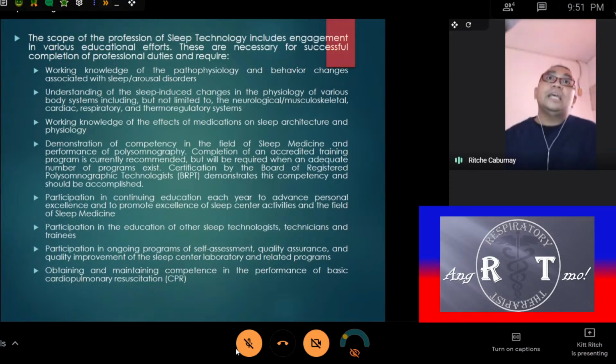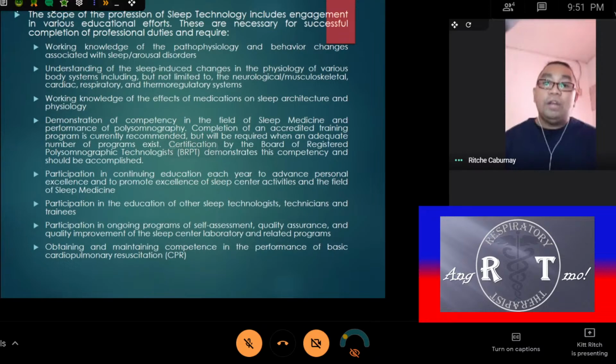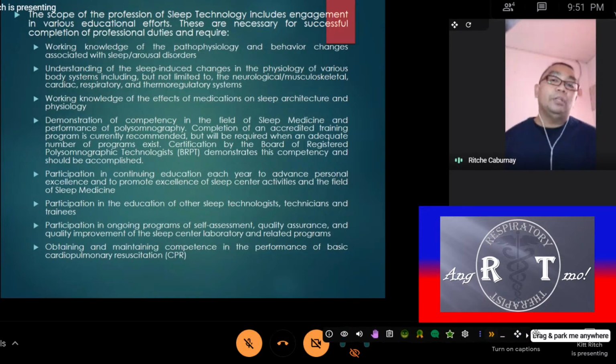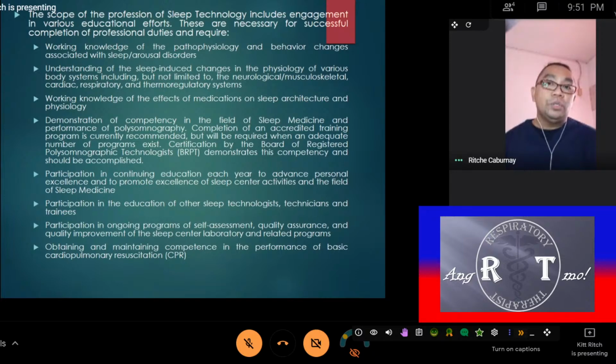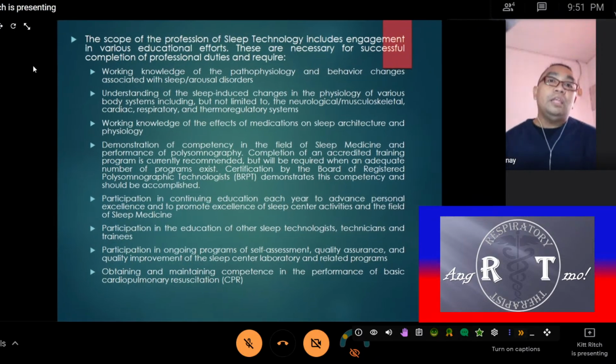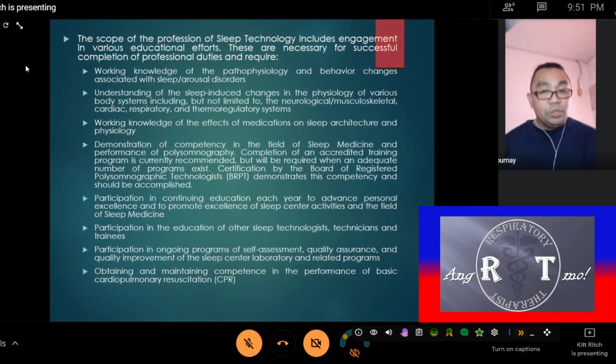Meaning that aside from obtaining the certification from the Board of Registered Polysomnographic Technologists, you should have a number of hours of clinical experience in the sleep laboratory to be able to take the licensure examination for sleep technologists.